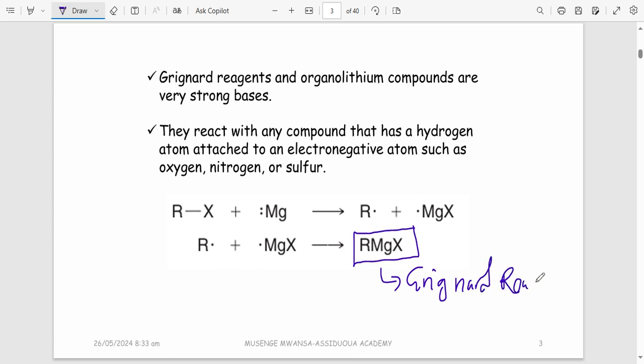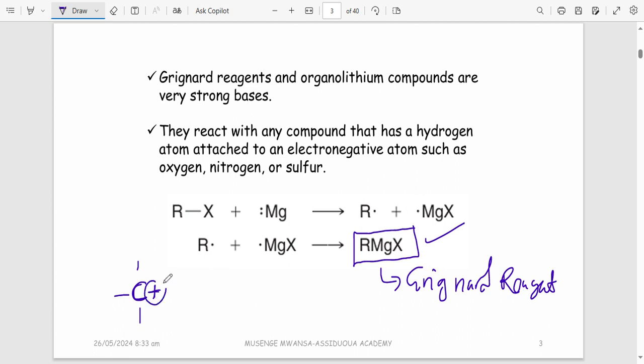When this reagent is reacting with anything, it will act as the nucleophile, because normally a carbon atom is positively charged.